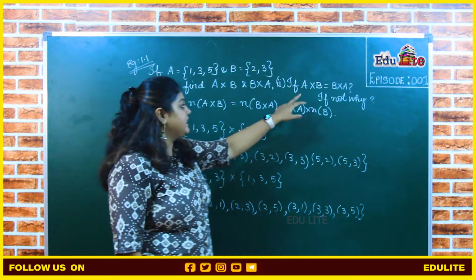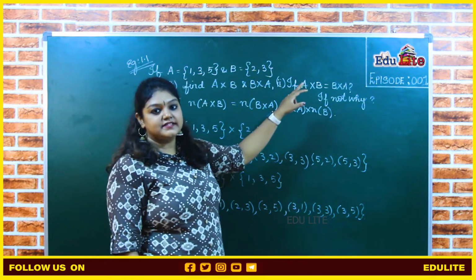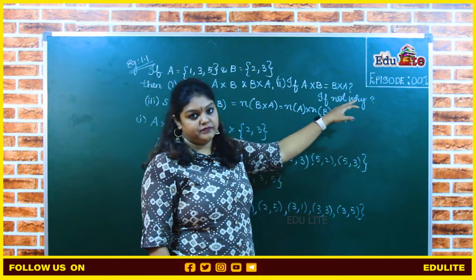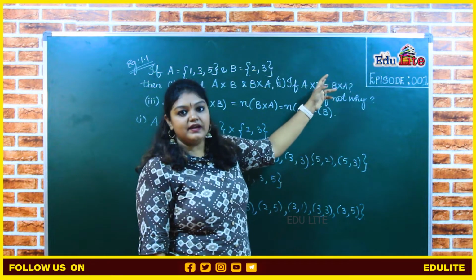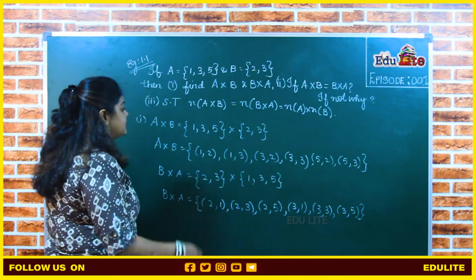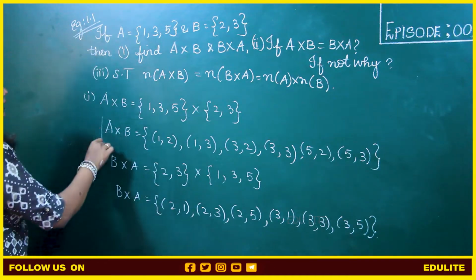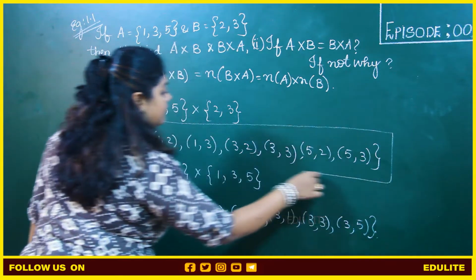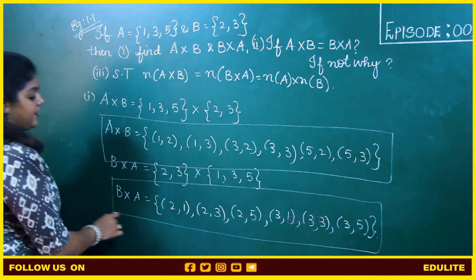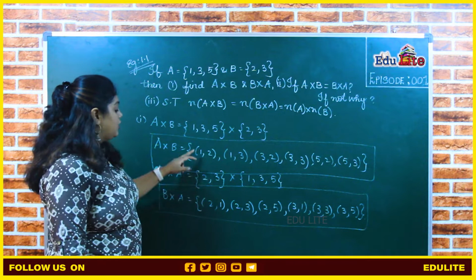We will move on to the second subdivision. What we have to find is whether A cross B is equal to B cross A, and if it is not equal, we have to mention the reason why. Let us see whether it is equal or not. This is A cross B and this is B cross A. These both are not equal.